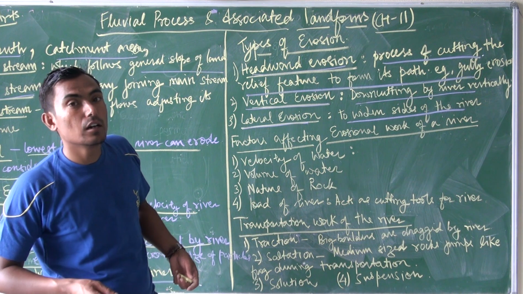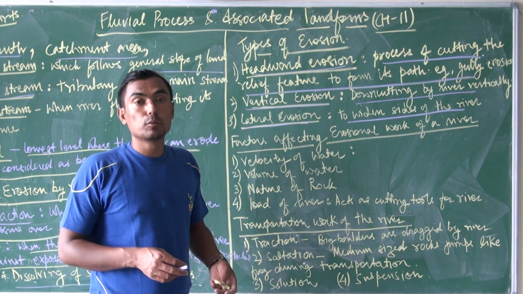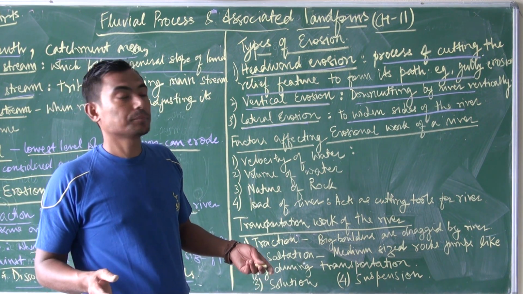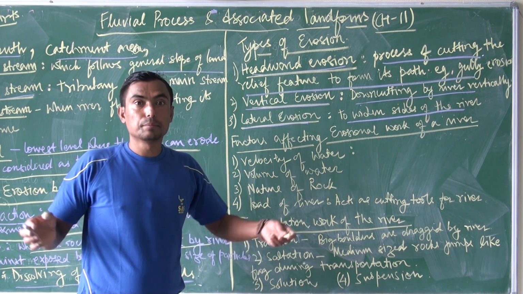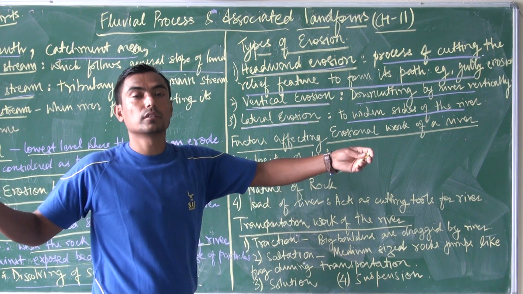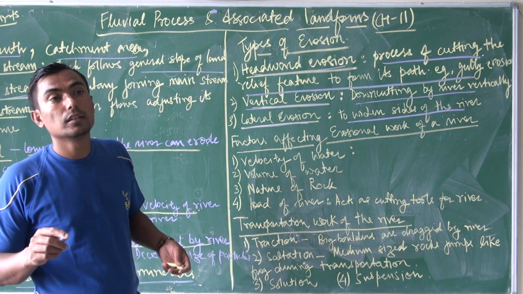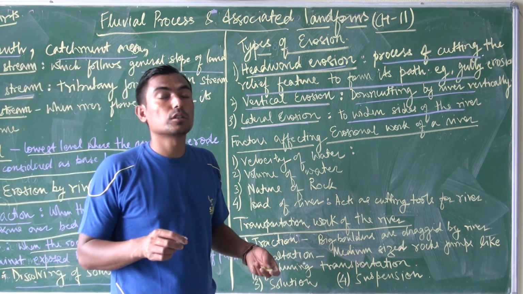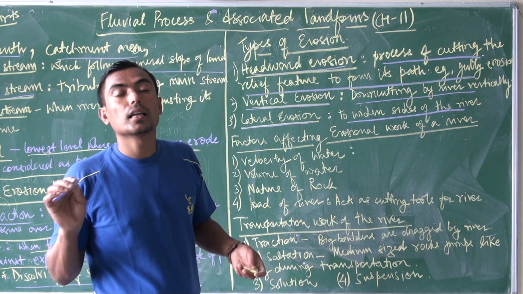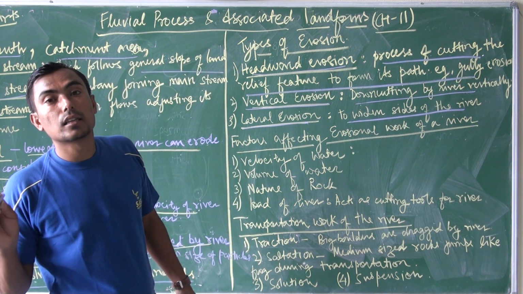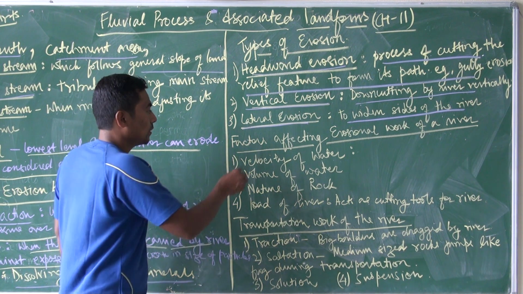If you look at the river Brahmaputra, it has the widest width among rivers in India, around 1 kilometer or more than 1000 meters.